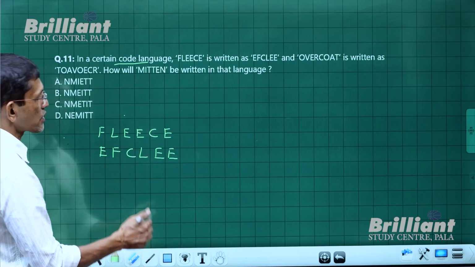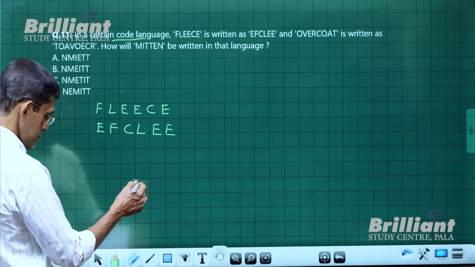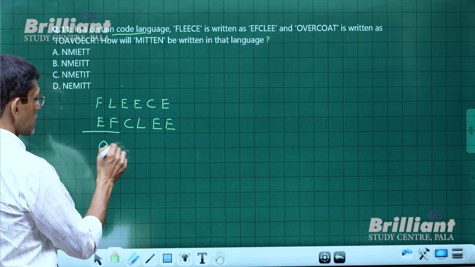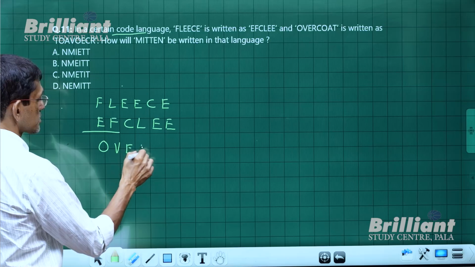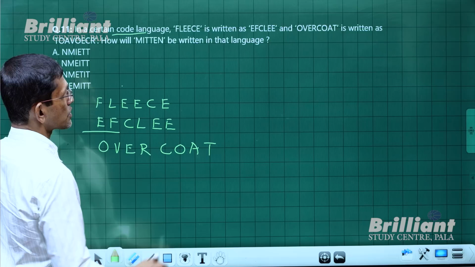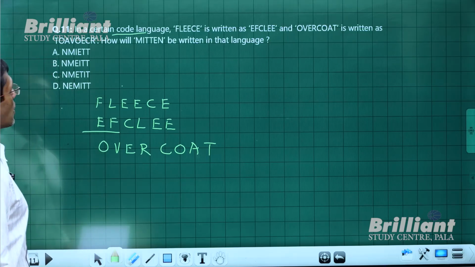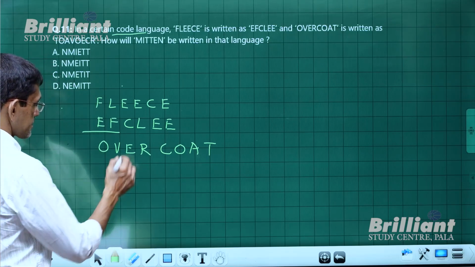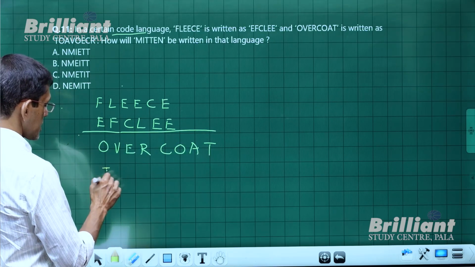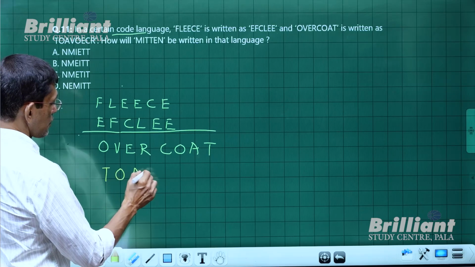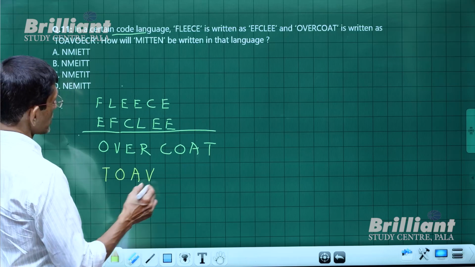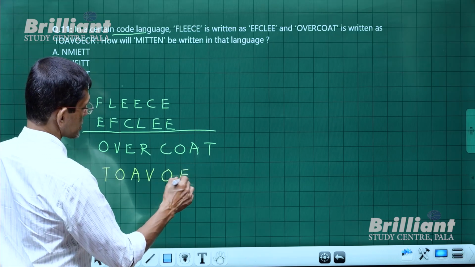So we'll go for overcoat as well. Overcoat is called as what? T-O-A-V and O-E-C-R.